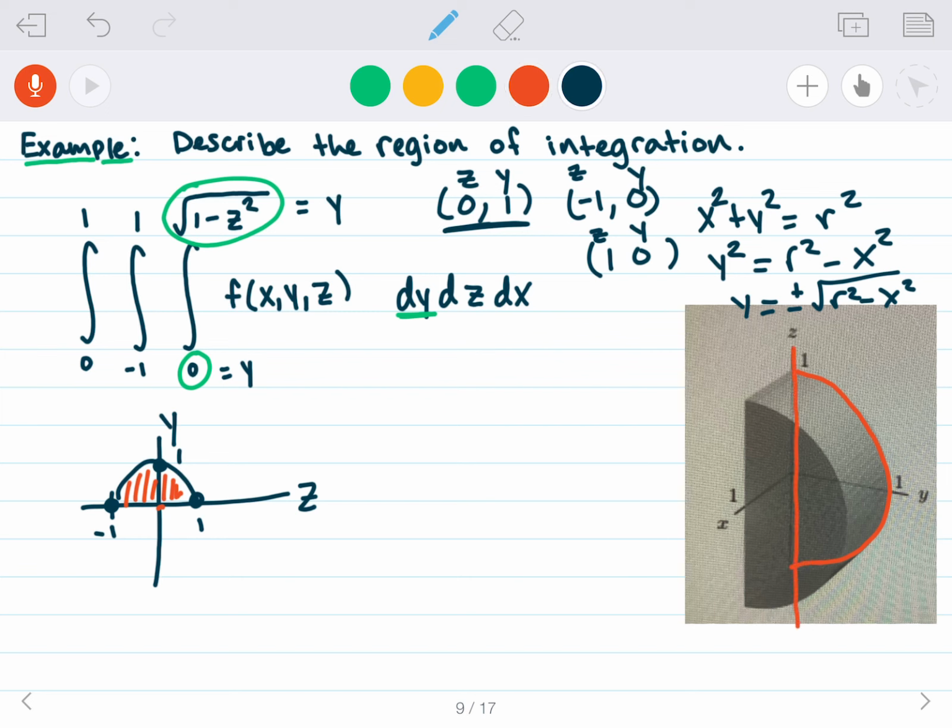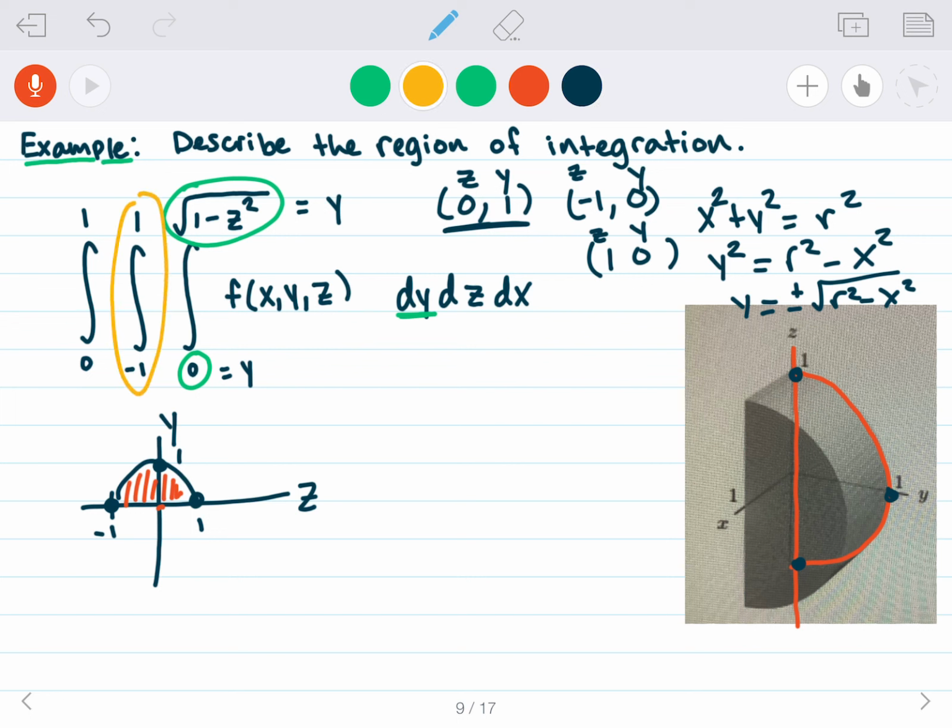So this is the point here, and point here. And so that corresponds to that. So that's our y values. That's the hard part, is the function one.